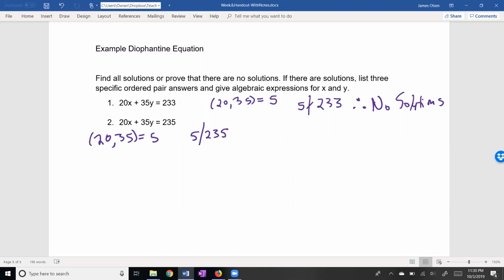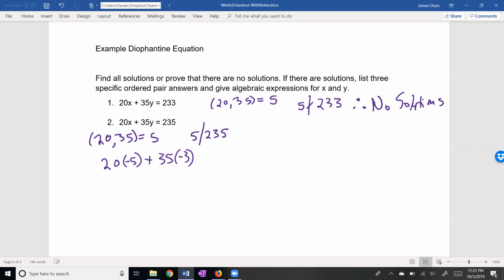And let me see if I can do one here in my head. Okay, I can take 20 times 5, that'll give me 100, plus 35 times negative 3, which is, oops, I think I want to do it the other way around. Yeah, I want to do it the other way around.